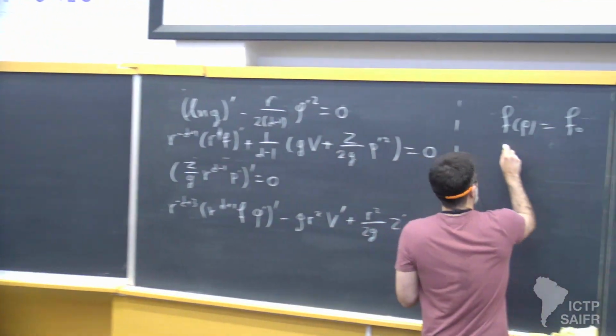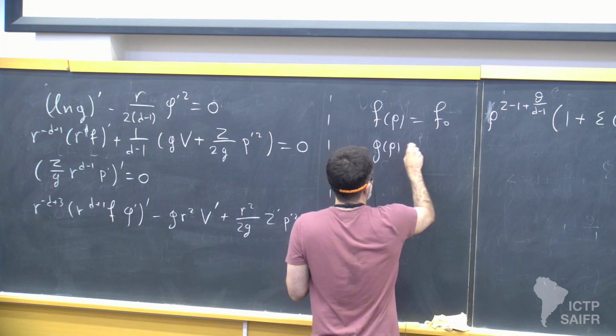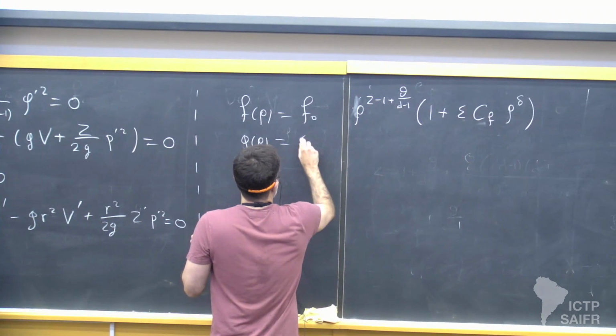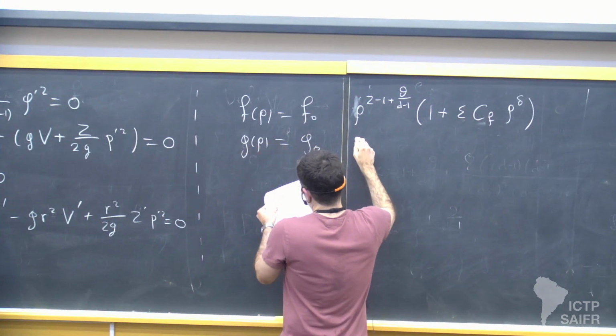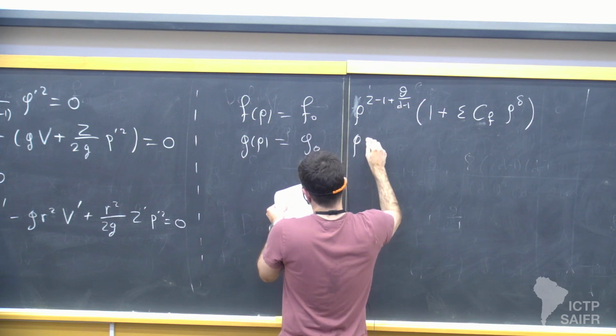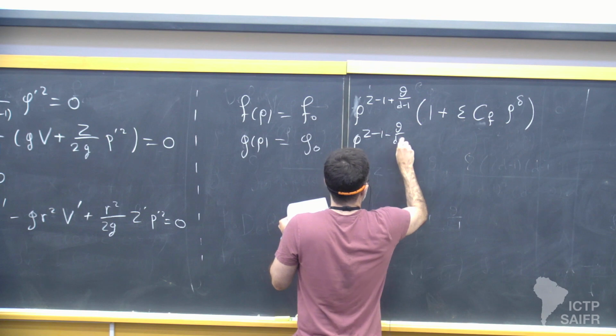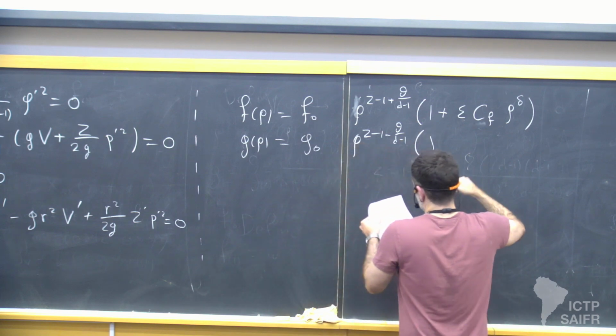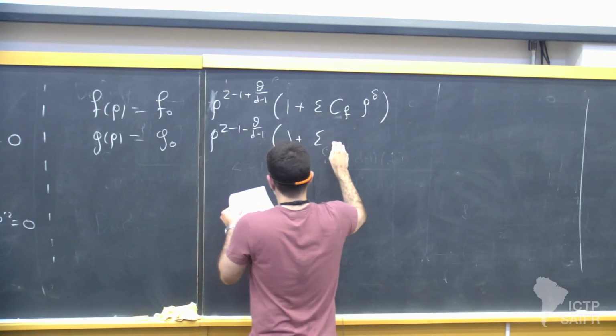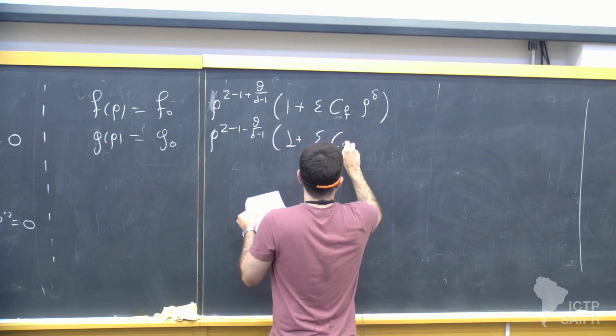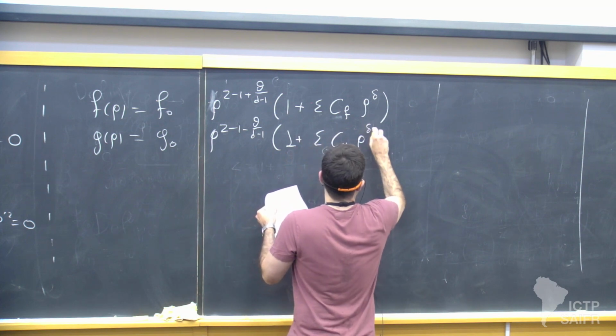I will do something similar for g. So we'll write the background, exponential z minus 1 minus theta over d minus 1. I will have a 1 because that's the background, plus epsilon times some number, again rho to the delta.